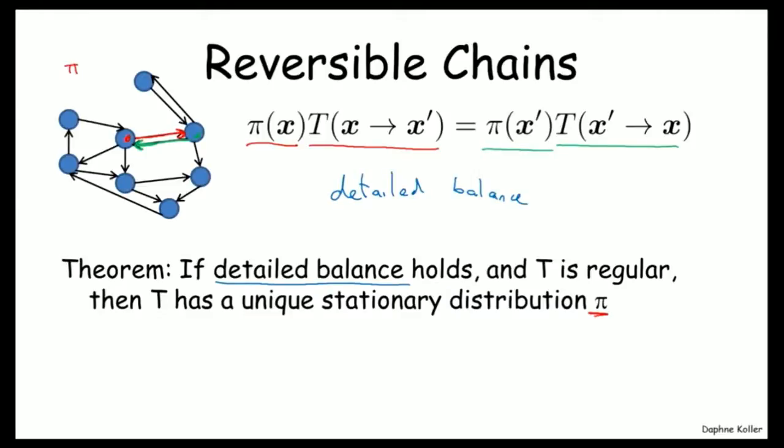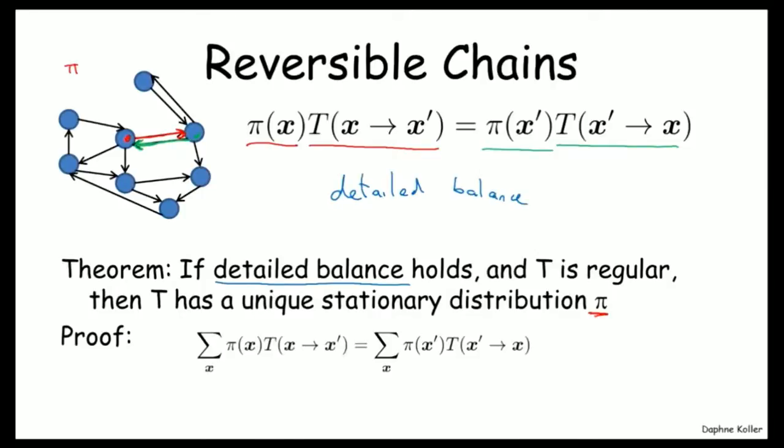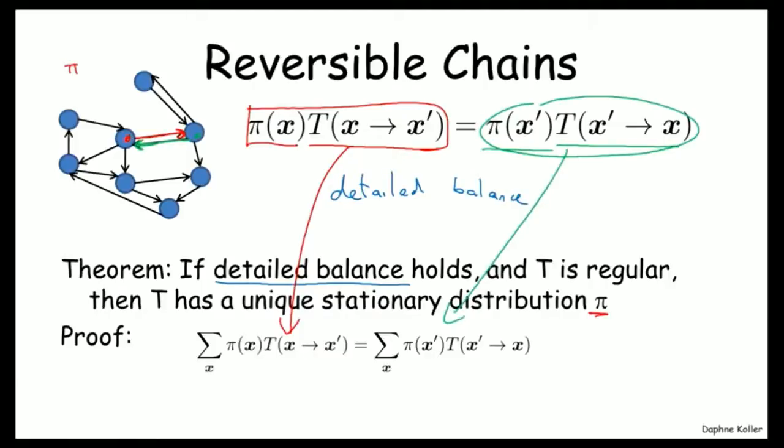Let's go ahead and prove this, and it turns out to be actually a one-line proof. So here we take the two sides of the detailed balance equation, and we put one of them on this side, and the other one on this side. And because the two sides are equal, if we sum up over x, then the two summations are also equal.